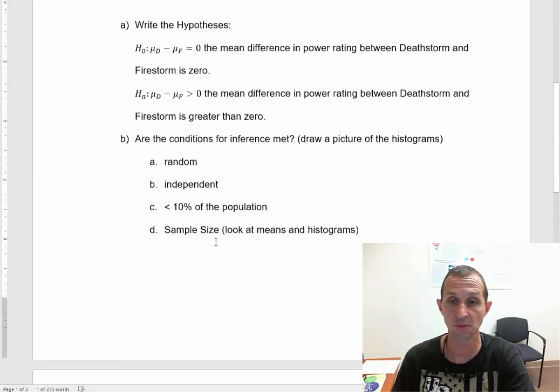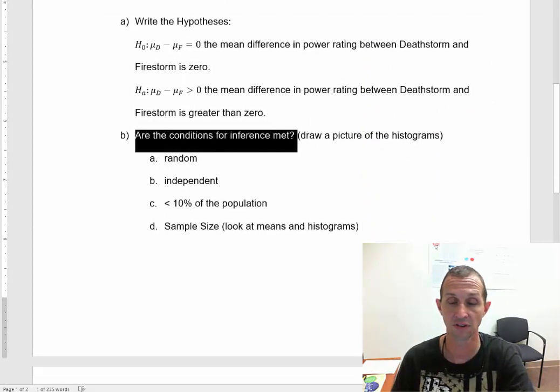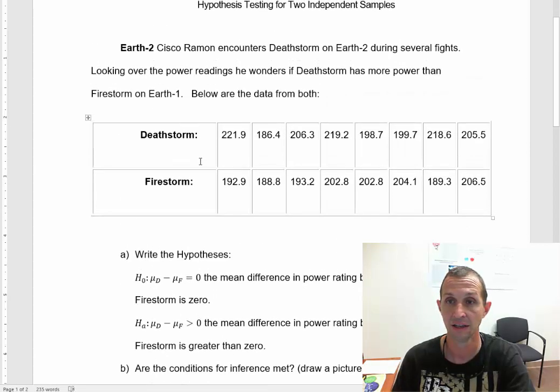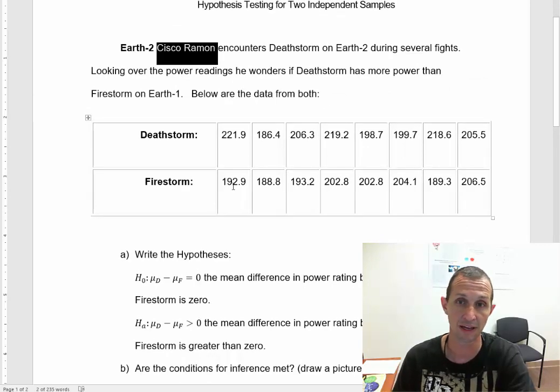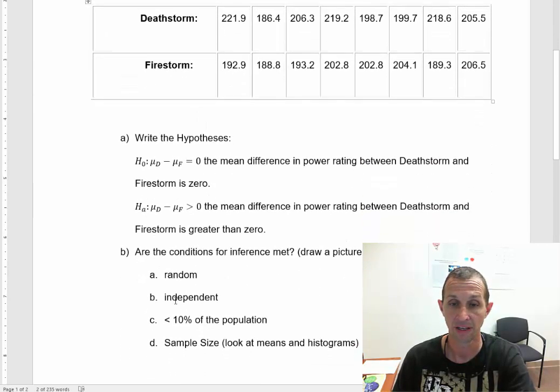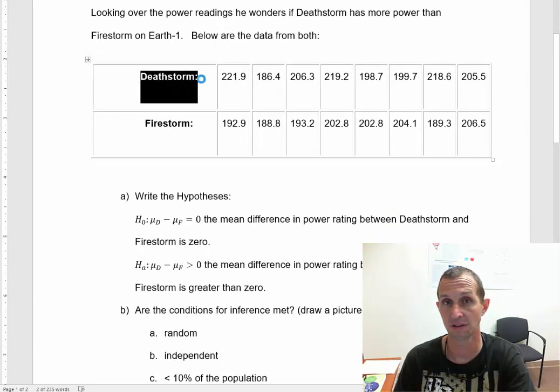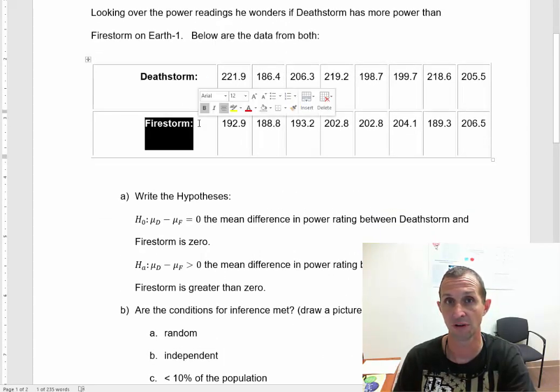All right, next we need to ask, are the conditions for inference met? Were they randomly selected? It doesn't say randomly selected, but it is Cisco Ramon, so we might assume that. Independent: because Death Storm is on Earth 2 and Firestorm is on Earth 1, independence is definitely a given.